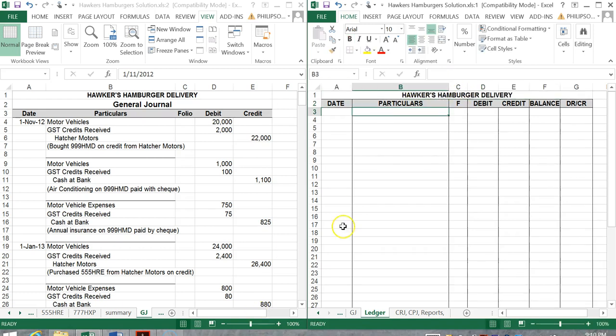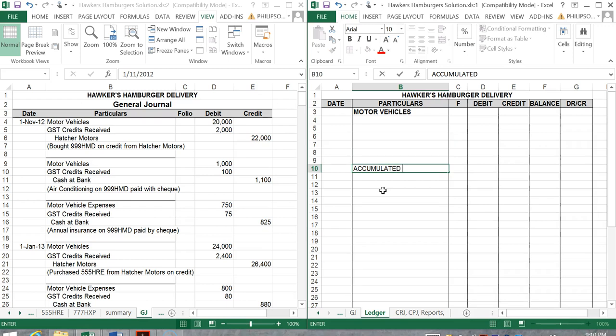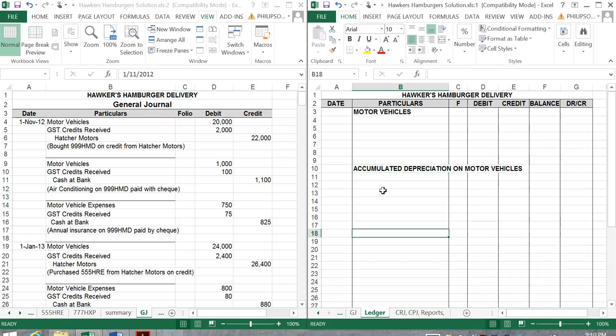Okay, so our question says 3 accounts, so it's our motor vehicles, accumulated, and disposal.